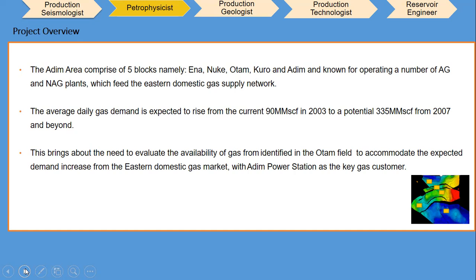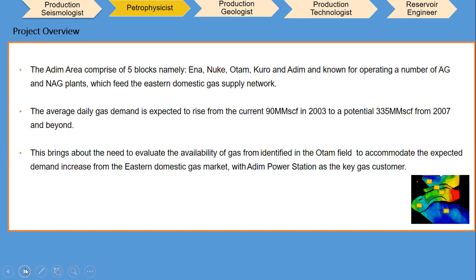Now, this is in line with the domestic supply network. And all these blocks are separated by faults, some of them growth faults.